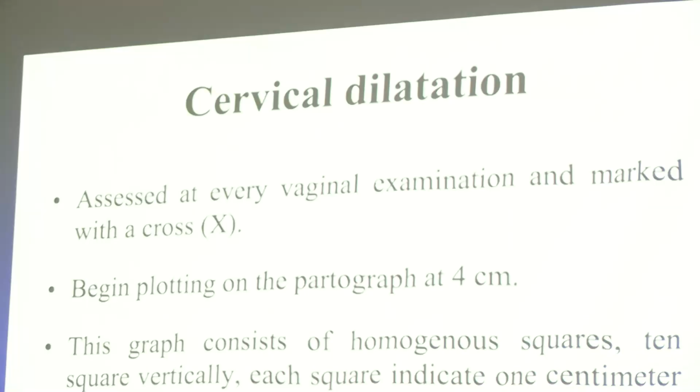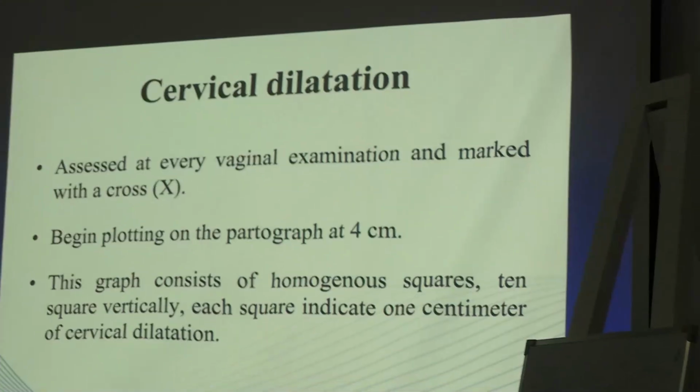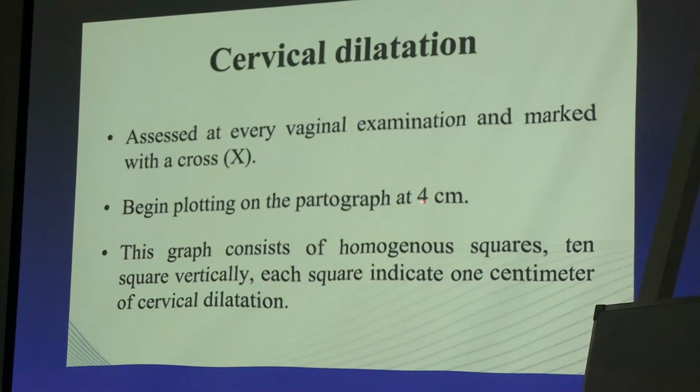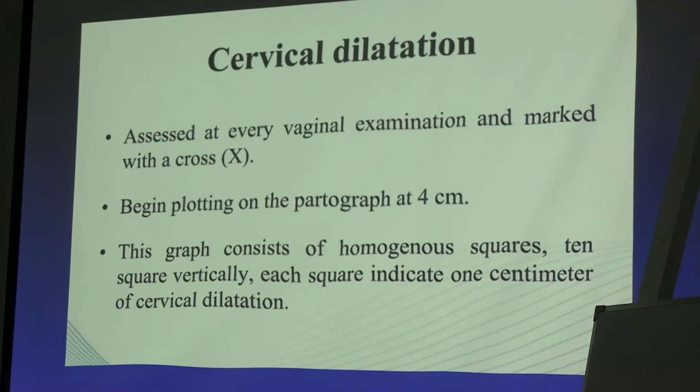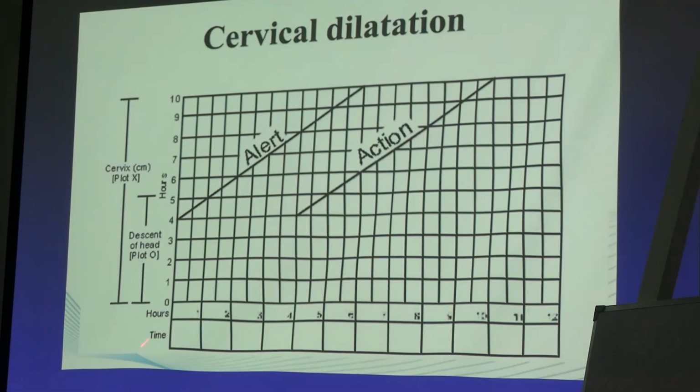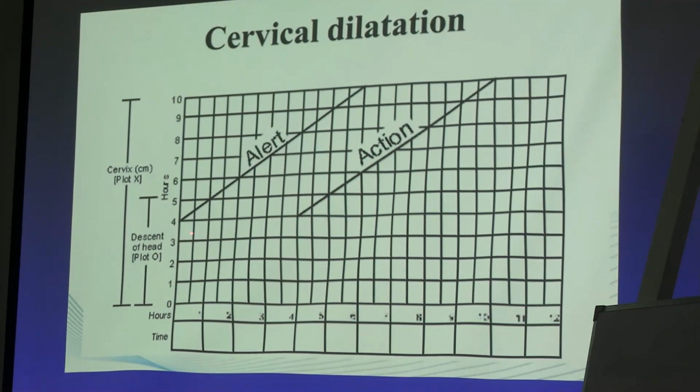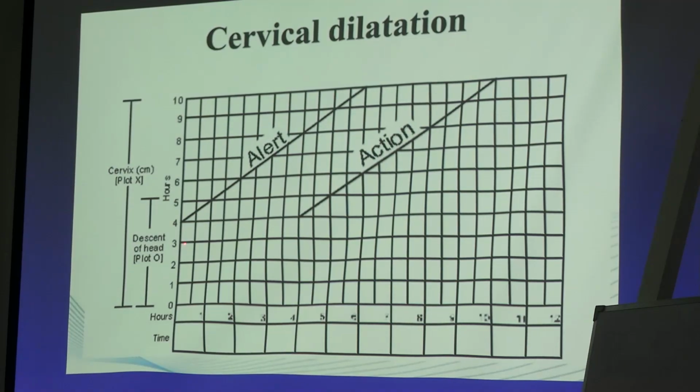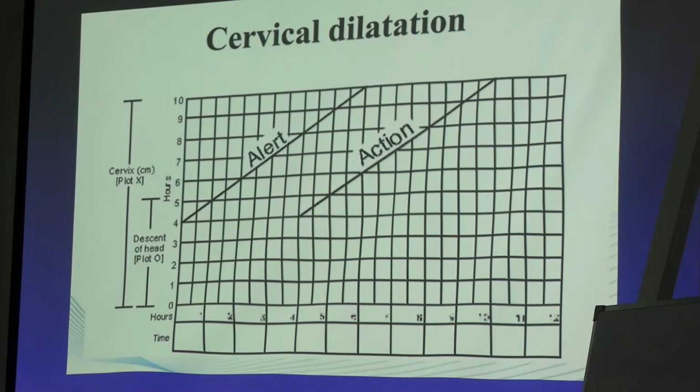Then coming on to the cervical dilatation. Cervical dilatation is assessed with a cross after 4 centimeters. One big square indicates how much? 1 hour.